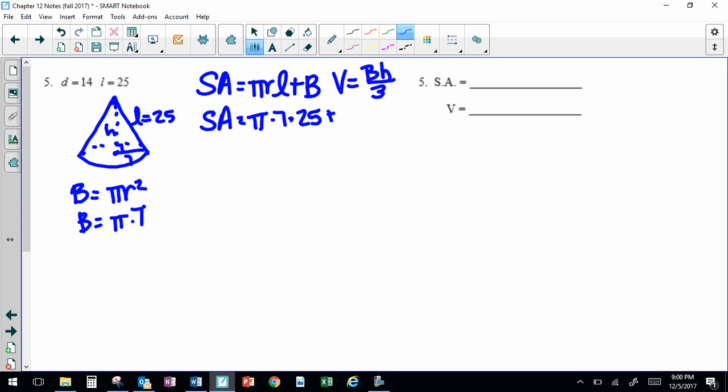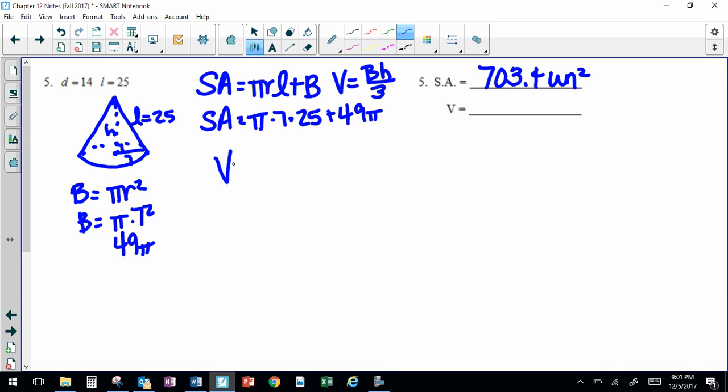So you get pi times 7 squared, which is 49 pi. And these directions told you to round to the nearest tenth and use 3.14 for pi. So when you plug in 3.14 times 7 times 25 plus 49 times 3.14, you should get approximately 703.4 square units.